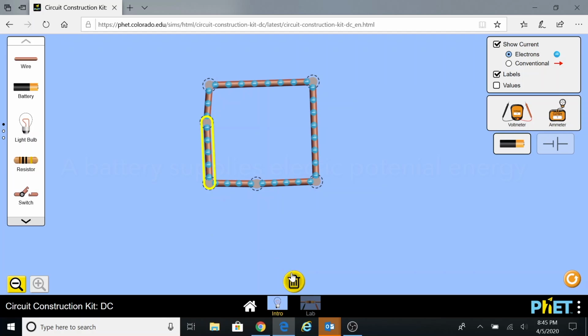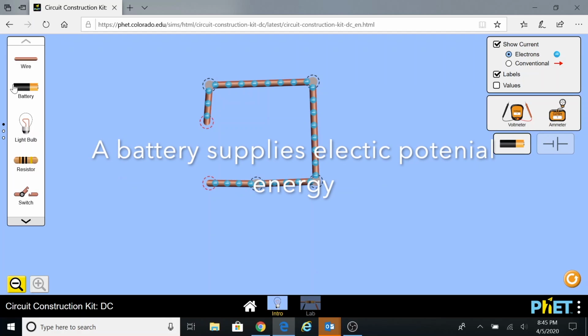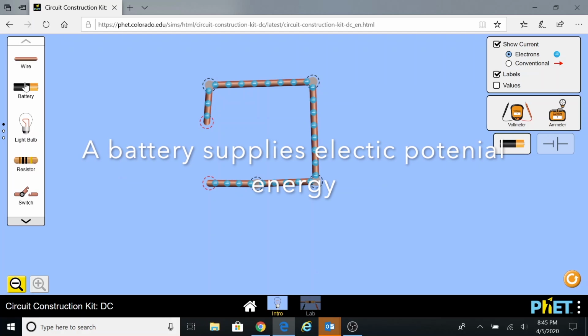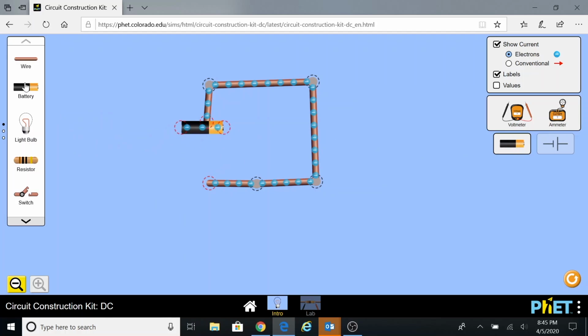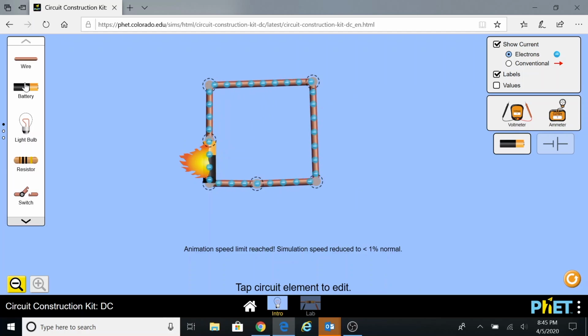So, what we are going to do is add a battery. And the battery plays the role of the potential energy. That is why a battery is called a potential.